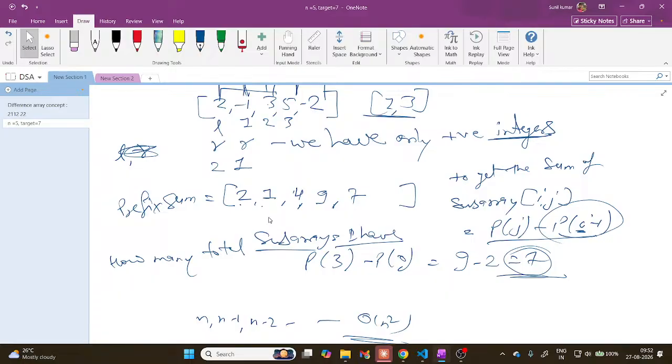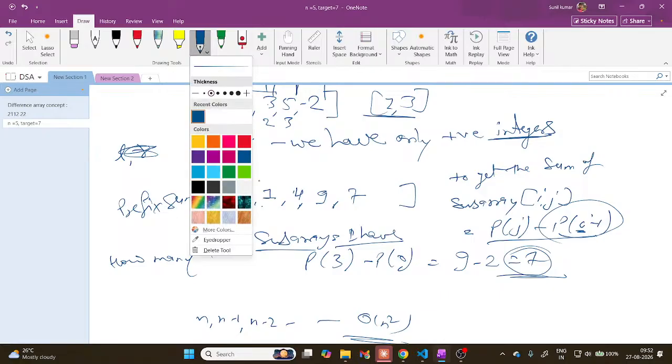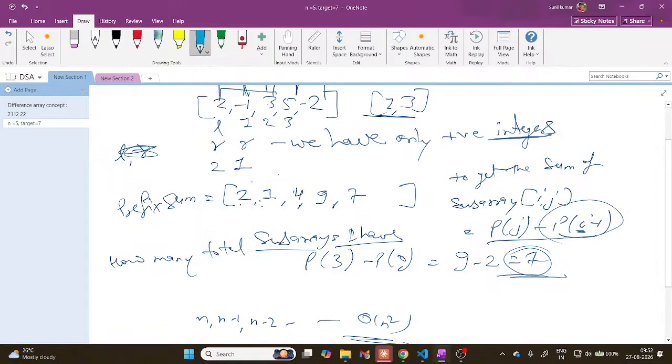Let me try this now. If I am going from here to here, what should I calculate?